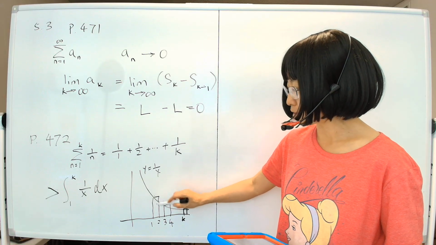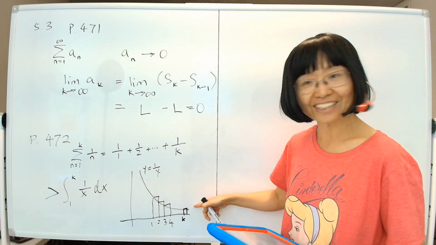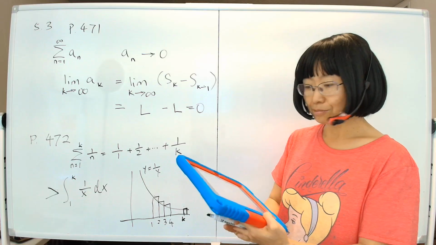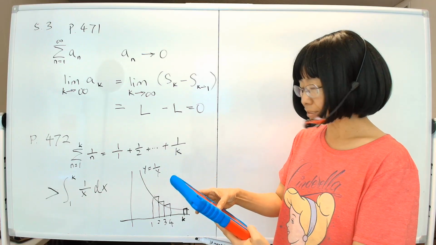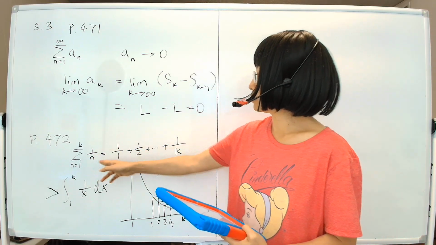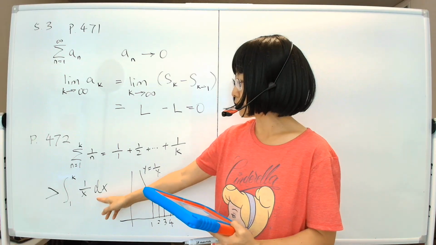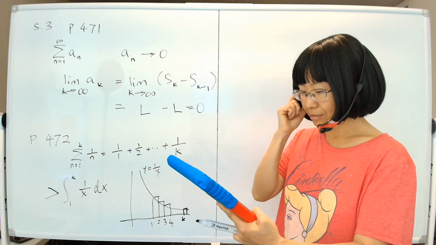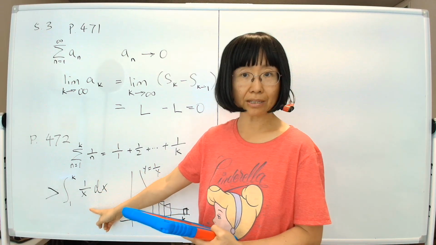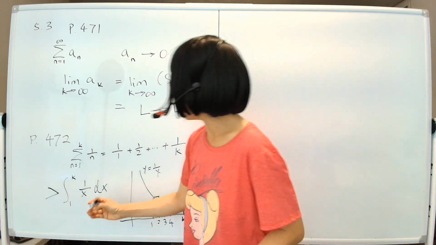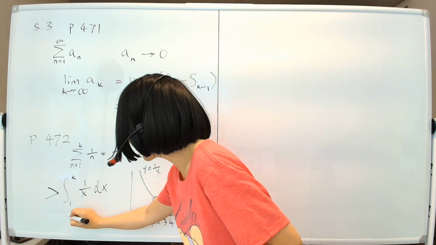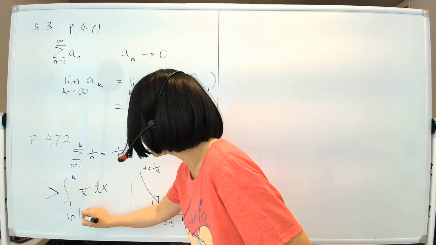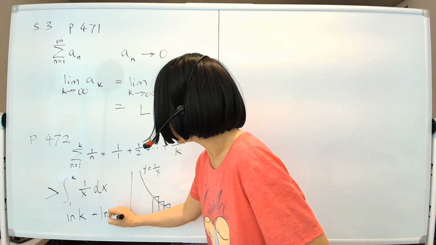So all these things are sticking out, right? So then this sum is bigger. And as a result, if we say this sum is bigger than that, the next thing we're going to do is calculate the integral. The integral equals the natural log of k minus the natural log of 1, which is just 0.